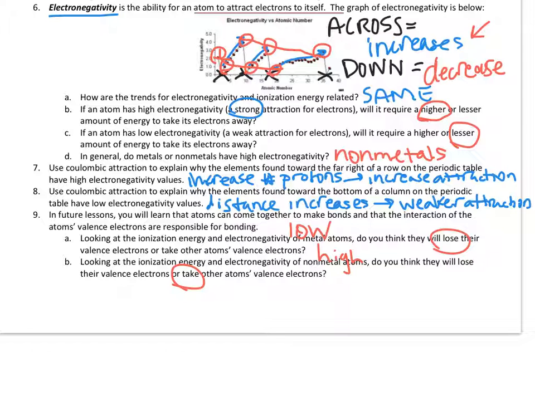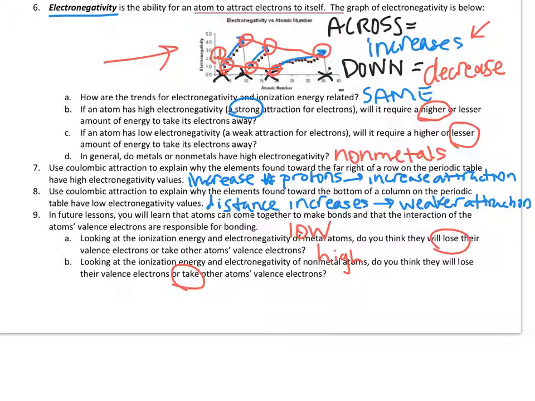But this class, for the remainder of class, what you guys are going to do is work on the periodic table trends activity, where you're going to analyze graphs just like you saw. The two ones above, like electronegativity and the ionization energy. And you're going to figure out the trend going across and down the periodic table.